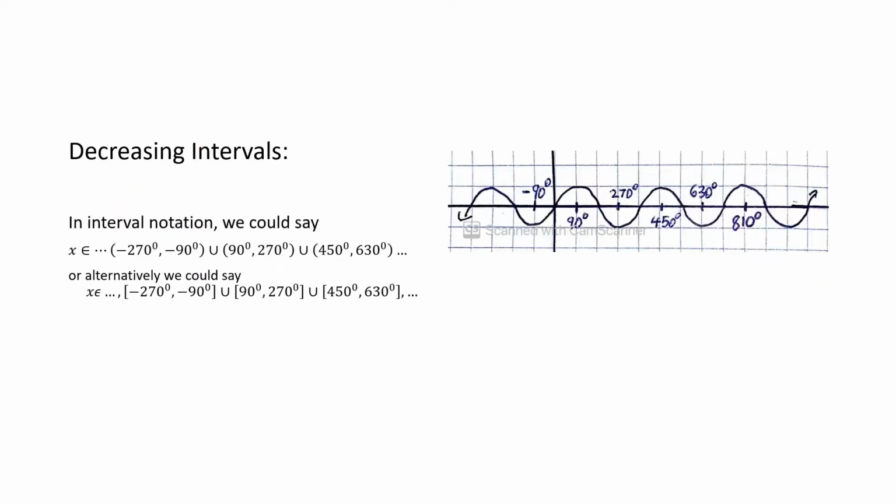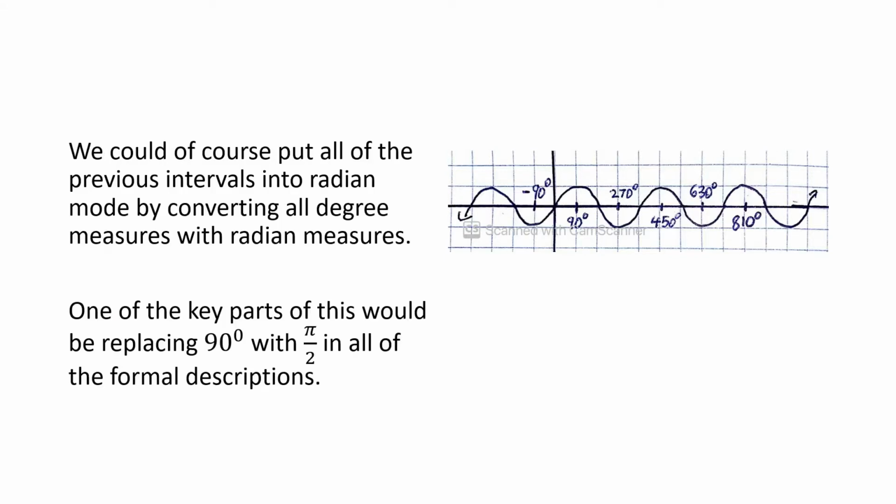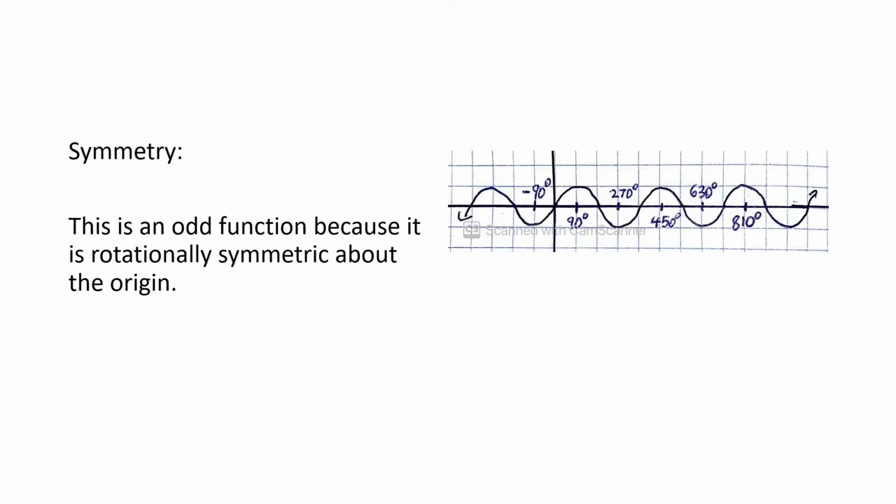Similarly, in interval notation, we could write it out this way, like it's stated before. There should actually be commas here. I've made that mistake a couple times. There should be commas there, just like there is here and here. Okay, then we could put all of that into radian mode by converting all degree measures to radian measures.